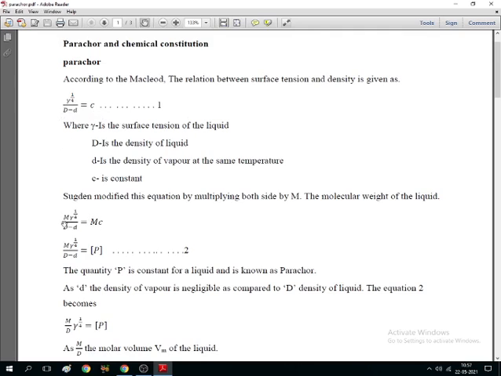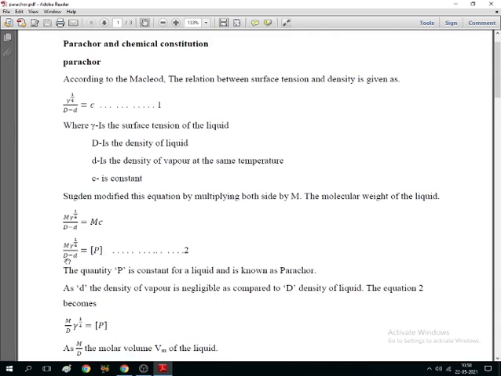Therefore M into C equals M into gamma raised to power 1 by 4 divided by capital D minus small d. Now this capital M into C is a new constant which is represented by P, and that constant is known as the Parachor. त्याचे कॉन्स्टंट आहे त्या लिक्विडचं, त्याला म्हणलेलं आहे Parachor.